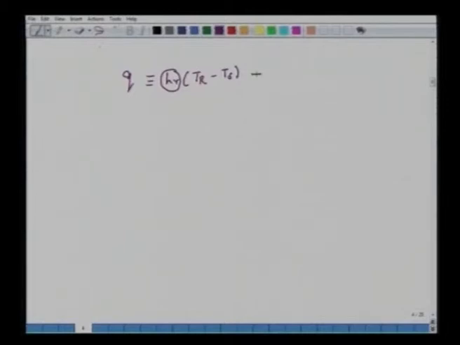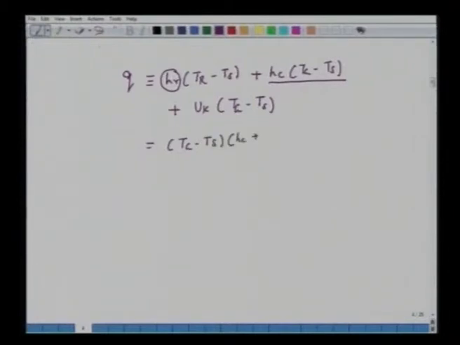Alright, plus Hc, which is the convective heat transfer coefficient from the top, the solid receives heat by convection, Hc, plus we have this conduction Uk, again from the bottom we are receiving heat by conduction, Tg minus Ts, and they can be arranged to write as Tg minus Ts times Hc plus Uk, plus we have HR, and we have this Tr minus Ts.